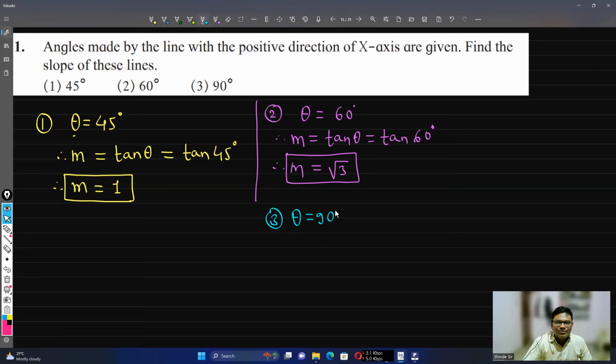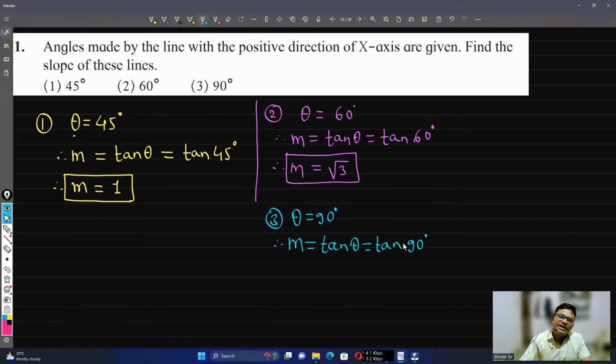theta is equal to 90 degree. Therefore, slope of that line equals to tan theta, that is tan 90 degree, and we know the value of tan 90 is undefined, means this line which is making the angle of 90 degree with the x-axis must be y-axis or any line parallel to y-axis whose slope is always undefined.